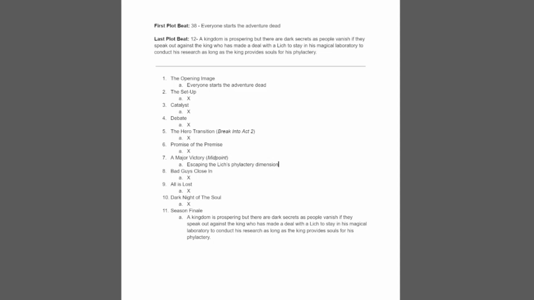Or maybe not. Maybe they only find out this is a phylactery after escaping it. That'd be cool. But now we have an intermediate point. They start off dead. The initial goal of this campaign, whether the players know it or not, escaping the Lich's phylactery. And then you can see from this escape, now we're connecting to this final dark secret.